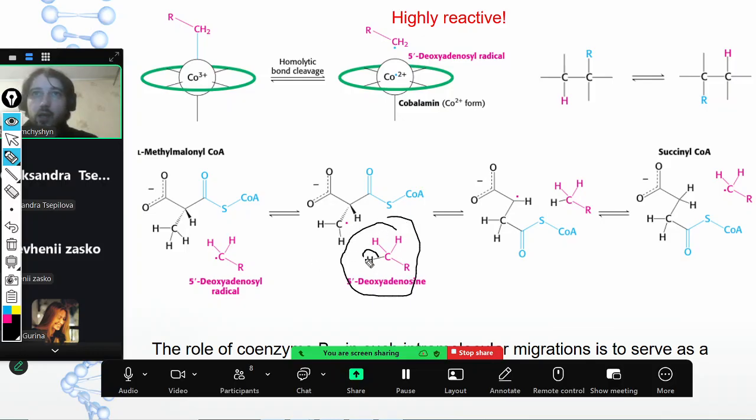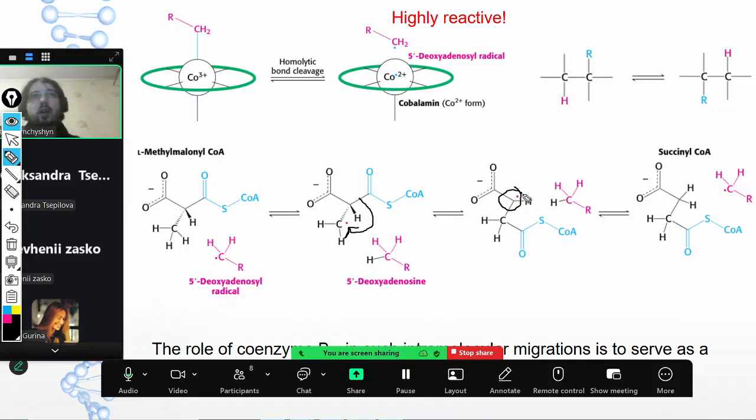It has abstracted hydrogen from here, so here was the hydrogen, and this was in the form of a radical. Now it has taken that hydrogen, and now the substrate is in the form of a radical. Now here we have a rearrangement. So here you see this part moved to here. So now this is the radical.